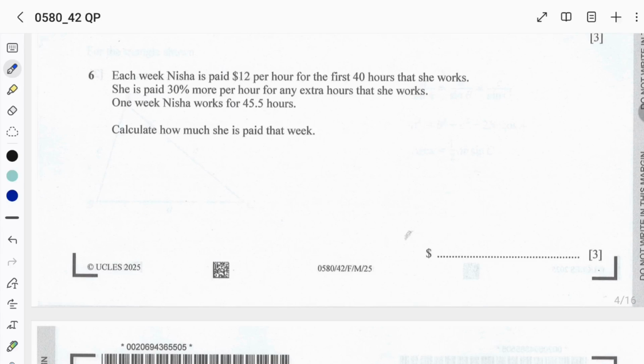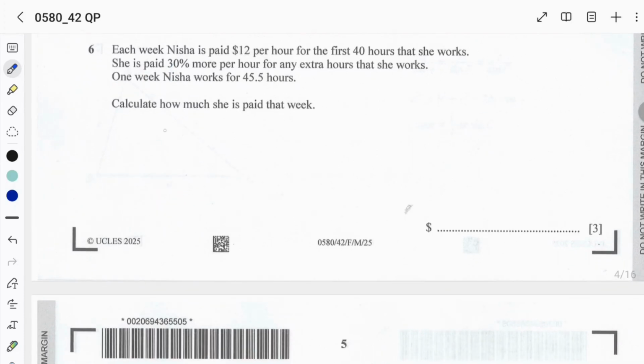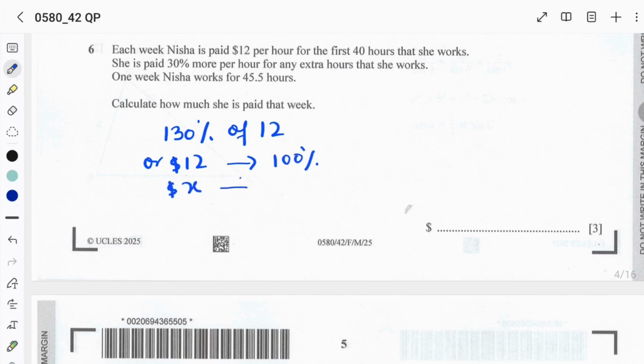First of all, we find out how much is 30%, or we can also find out 130%. Because it's 30% more, $12 is for 100%, or simply you can find 130% of 12. It's up to you. Or you can write $12 is 100% and X dollars is 130% because 30% more.